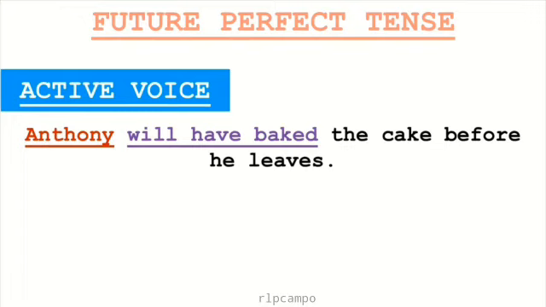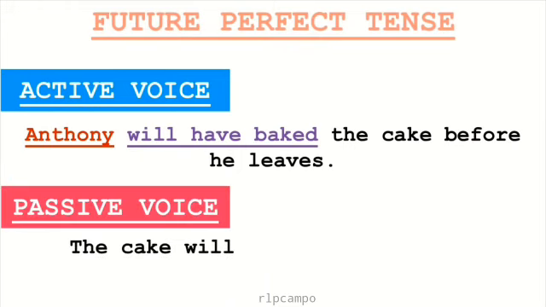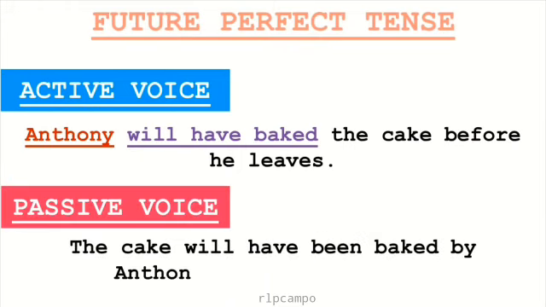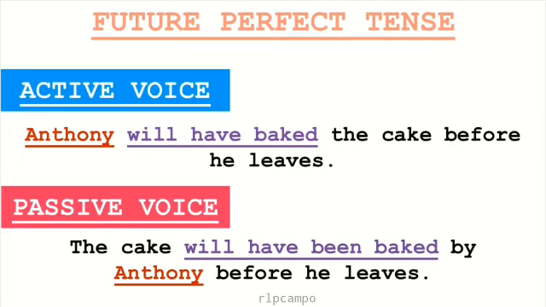Then have is an indicator of perfect action, and the main verb is baked, expressed in participle. For its passive transformation, the cake will have been baked by Anthony before he leaves. Been is again added to complete the verb phrase of passive voice transformation.